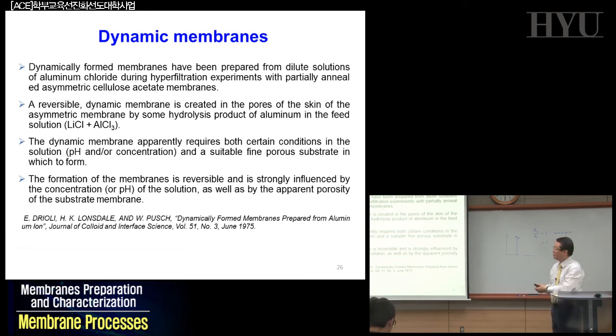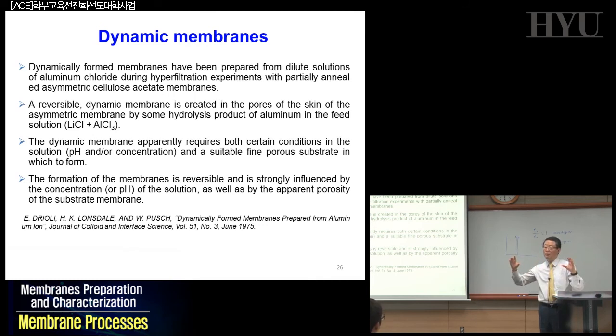We can make dynamic membranes. A dynamic membrane can be made by hydrolysis, by many methods of course, but we can make it in this way.